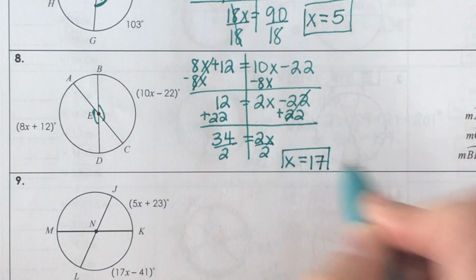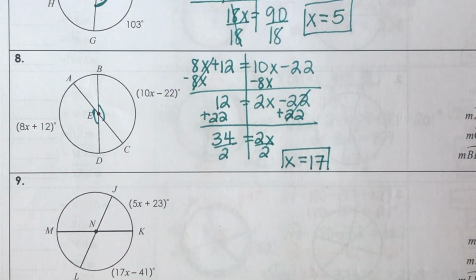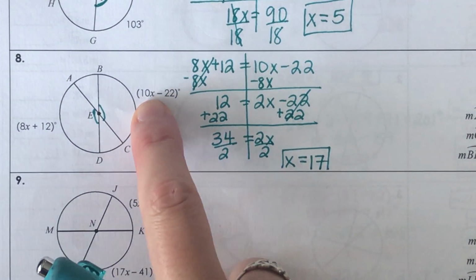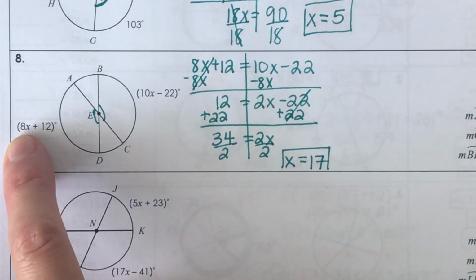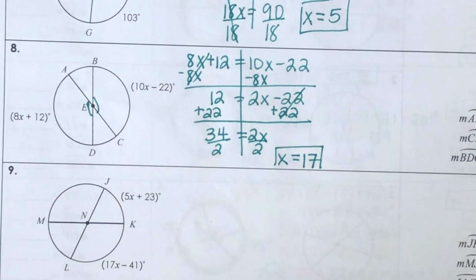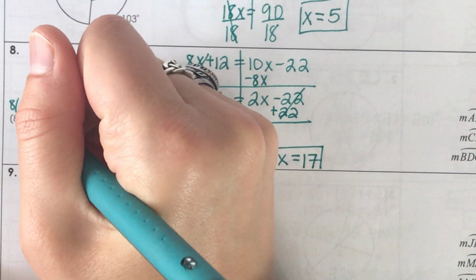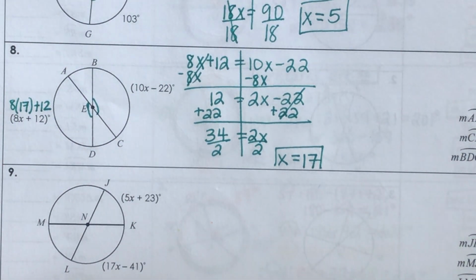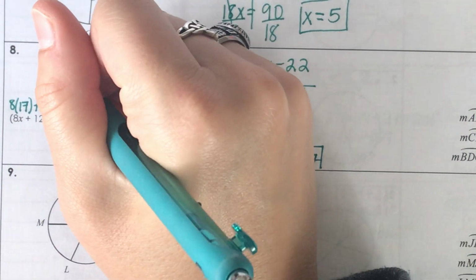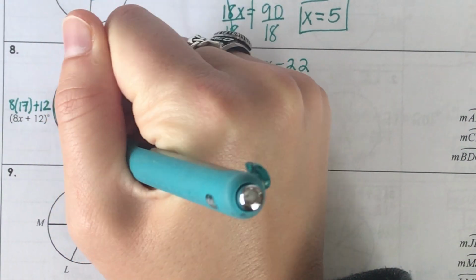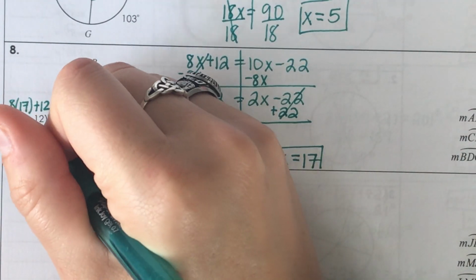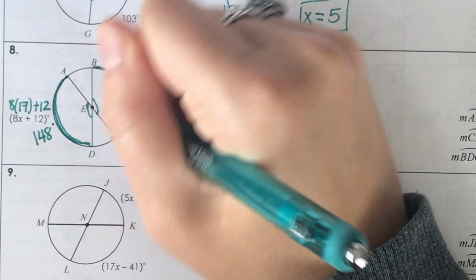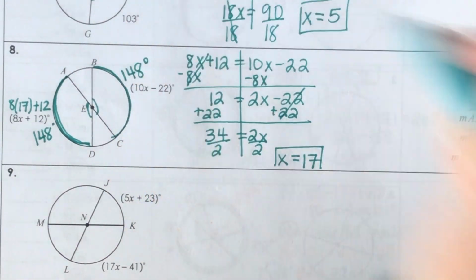Now that is only one part of this problem. Because now I've got the 17, I need to plug it in. Now it doesn't matter which one I plug it into, so I'm going to plug it into this positive one over here. Okay, 8 times 17, and then I'm going to add 12. So this arc is 148 degrees, which means this arc is also 148 degrees.